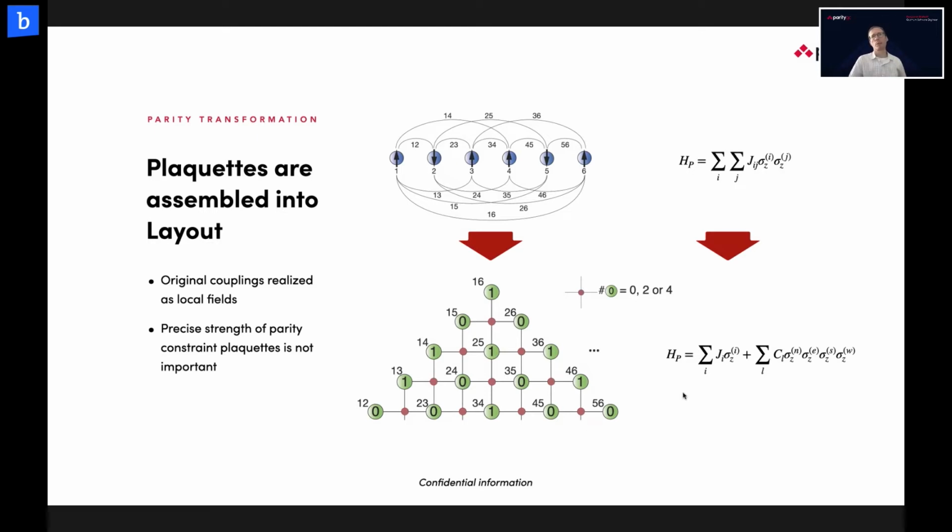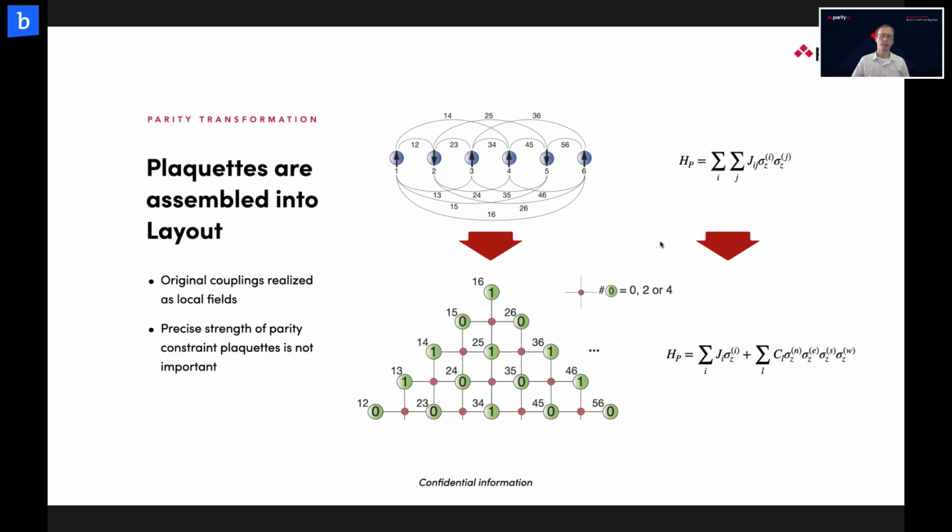So I've given you this picture of how you can take a generic problem defined on some graph, some graph theory problem expressed as an Ising Hamiltonian, and you can always reinterpret this problem in terms of new variables that can be laid out in this sort of triangle.